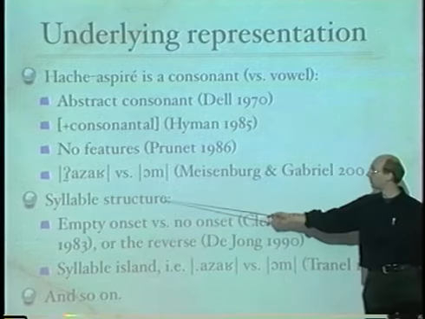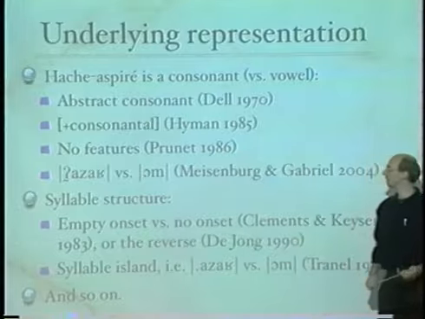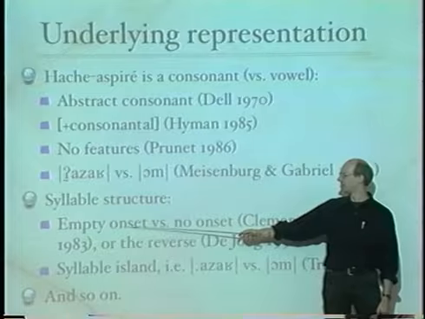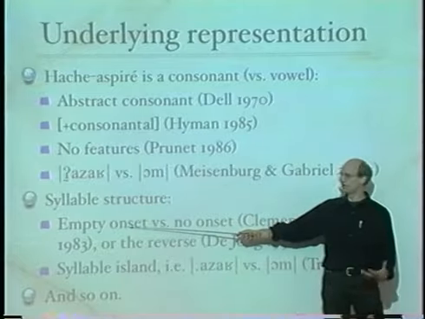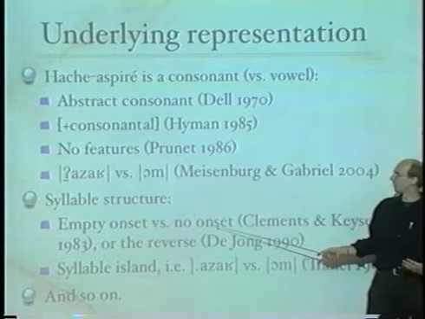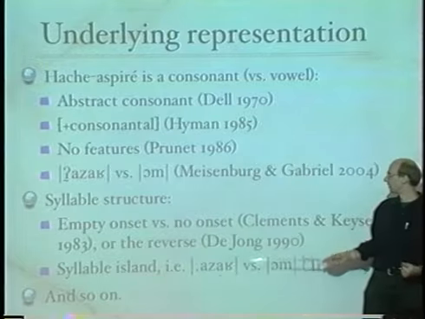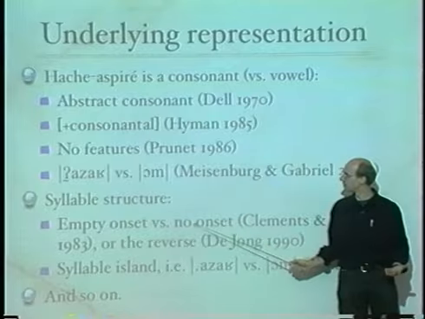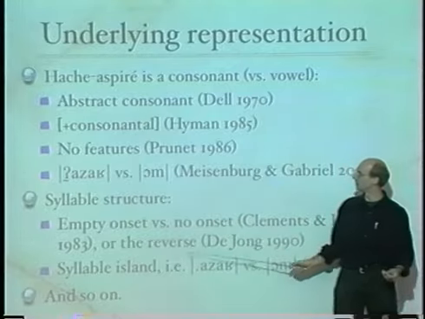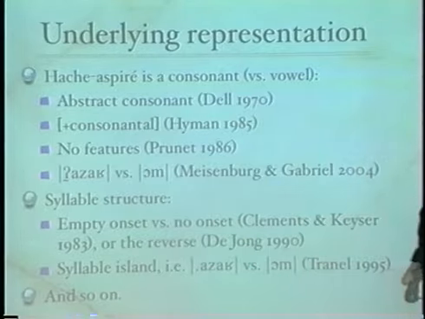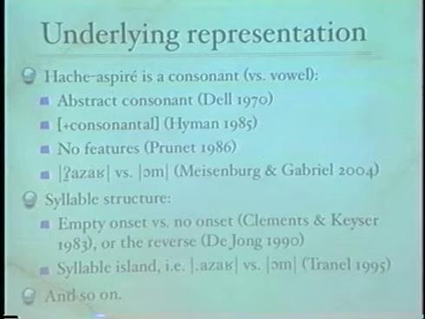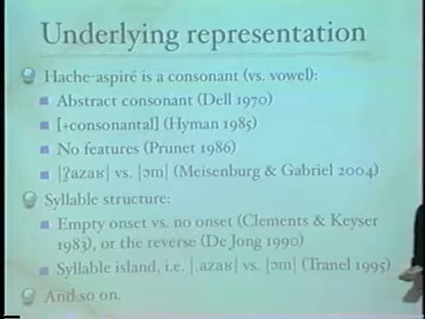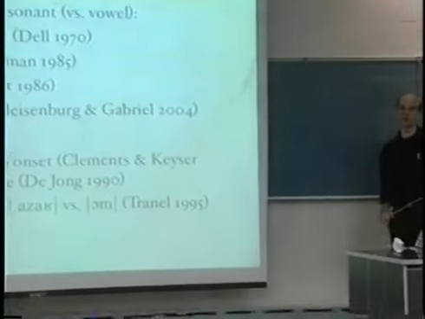Other people have proposed syllable structure analyses of it. So Clemens and Kaiser, for instance, have proposed that H aspiré has an empty onset and vowel initial words have no onset. And de Jong has proposed the exact reverse. So no onset for H aspiré initial words and empty onset for vowel initial words. So someone has said, I believe, I don't know who it was, that if you get the representations right, you get the phonology right.